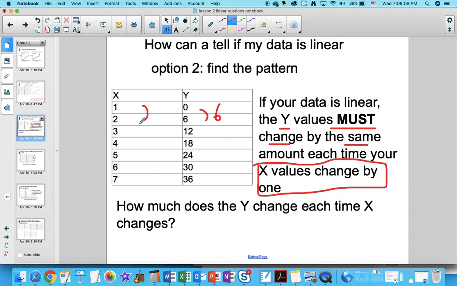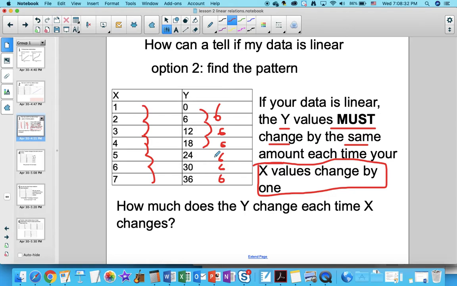Again x changes by 1, and then this changed by 6. You can probably start predicting that each one is going up by 6. So every time the x value changed by 1, the y value went up by 6.